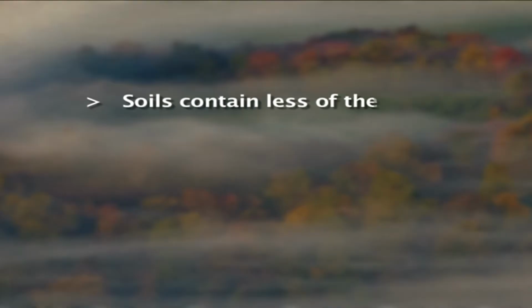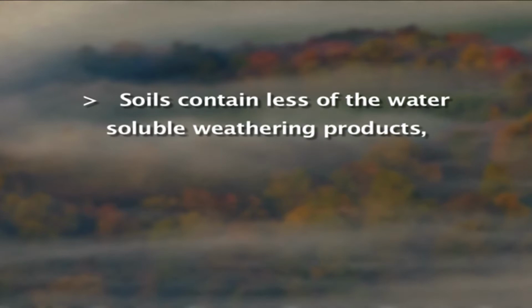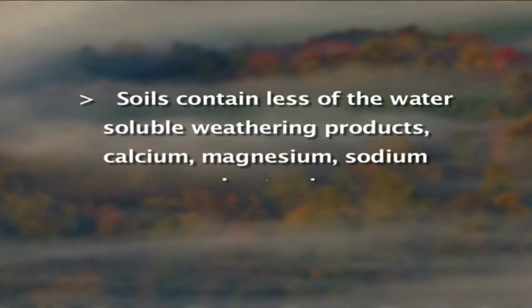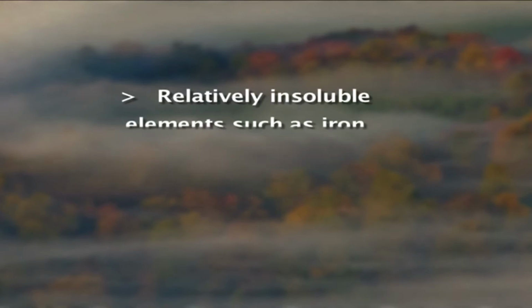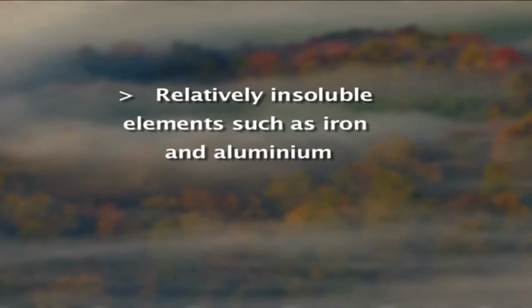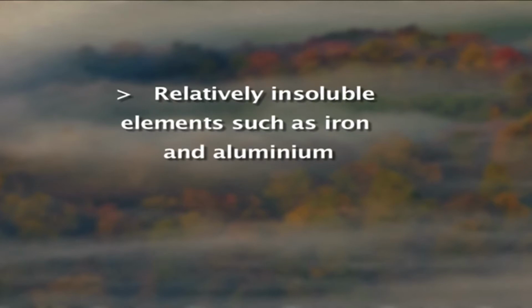Soils are chemically different from the rocks and minerals from which they are formed, in that soils contain less of the water soluble weathering products calcium, magnesium, sodium and potassium, and more of the relatively insoluble elements such as iron and aluminum.